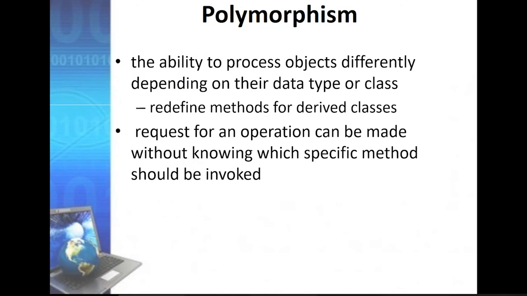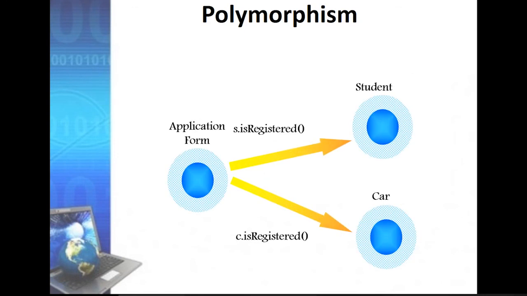Okay, so requests for an operations can be made without knowing which specific method should be invoked. Okay, so you can have a request and then have it kung saan a specific method can be used differently. Okay, so for example, this one. You have an application form and then you have student is registered. This is now going to be for student and then for car.